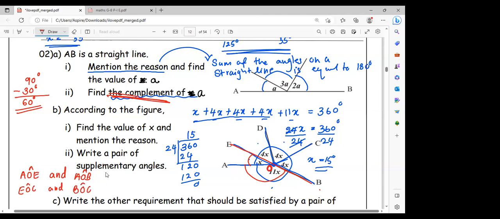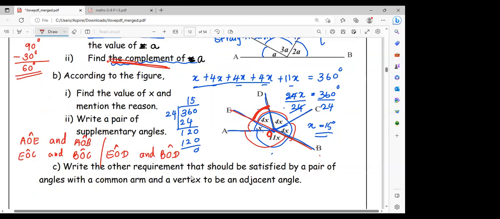EOC angle and BOC angle also lie on a straight line segment, so they are supplementary. Next, look at EOD angle, that means this angle, and on the other side BOD angle. These are the supplementary angles. Okay.